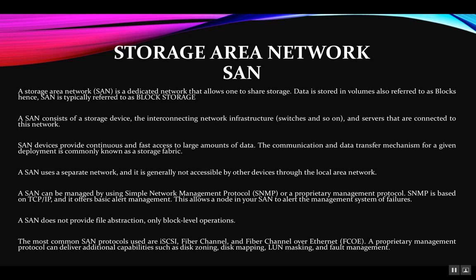Now, what is disk zoning? Disk zoning is basically creating a dedicated network for the storage device and the server to communicate. These masking and mapping capabilities are basically bringing everything together to create this infrastructure for SAN to talk with a particular server or computer.